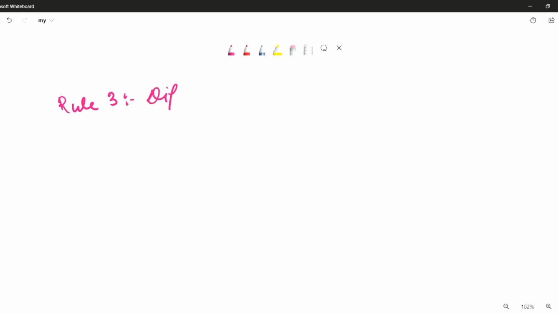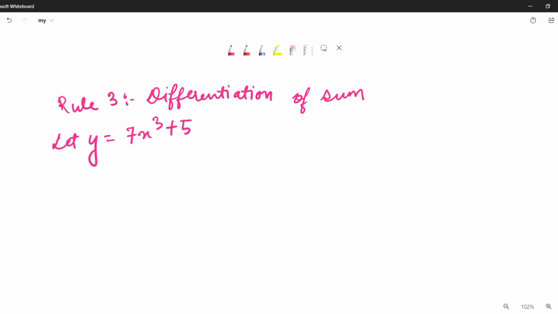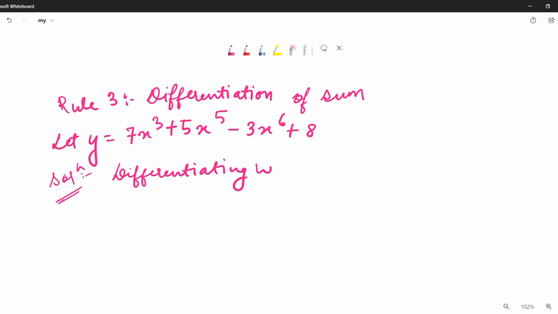Now the third rule is differentiation of sum. Let's take an example. Let y equals 7x to the power 3 plus 5x to the power 5 minus 3x to the power 6 plus 8. Now we will differentiate it with respect to x. Solution. Differentiating with respect to x.